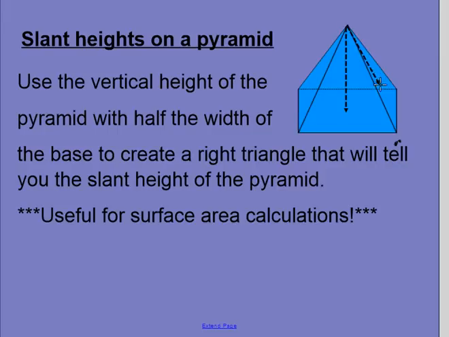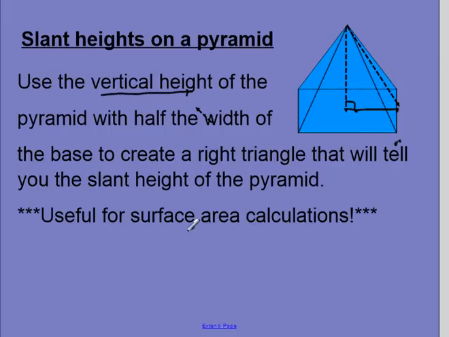We're looking for the slant height, which is across the face of the pyramid. We're going to use the vertical height of the pyramid along with half the length of the base. And together that's going to form a right triangle right here that's kind of buried inside our pyramid that will tell us the slant height of the pyramid.